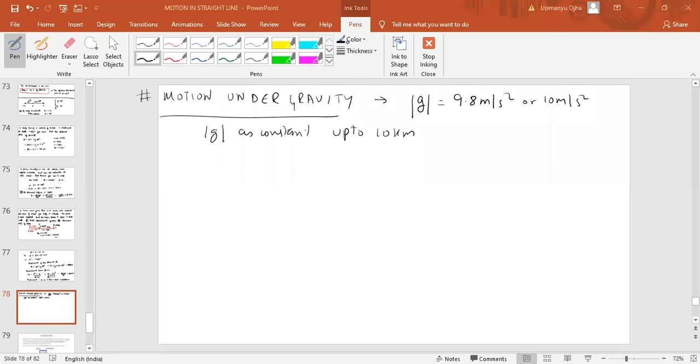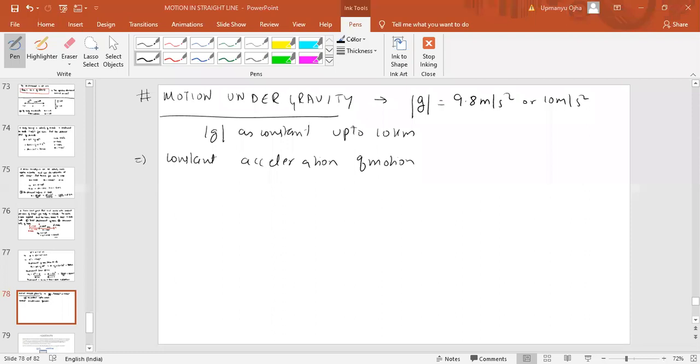Fine. Now can you say that this gravity motion is a constant acceleration motion or not? So the motion under gravity is a constant acceleration motion. If it is a constant acceleration motion, can we apply the equations of motion here?